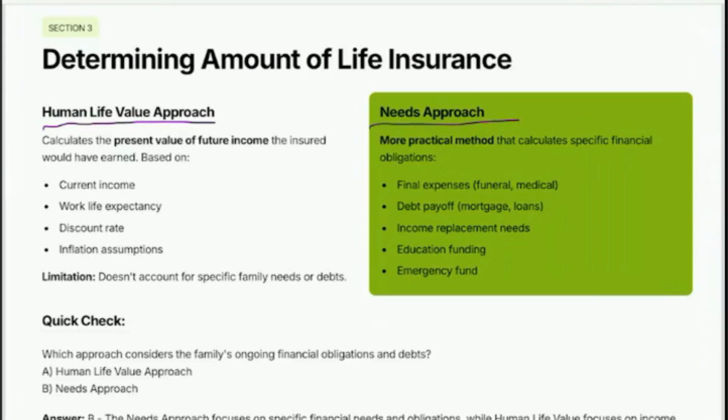Human life value approach calculates the present value of future income that the insured would have earned based on current income, work life expectancy, discount rate, inflation assumptions. It doesn't account for specific family needs or debts. So when we talk about needs approach here in a second, you'll see what I mean.